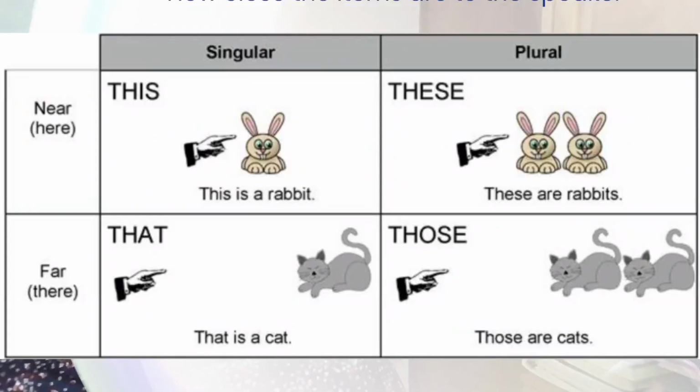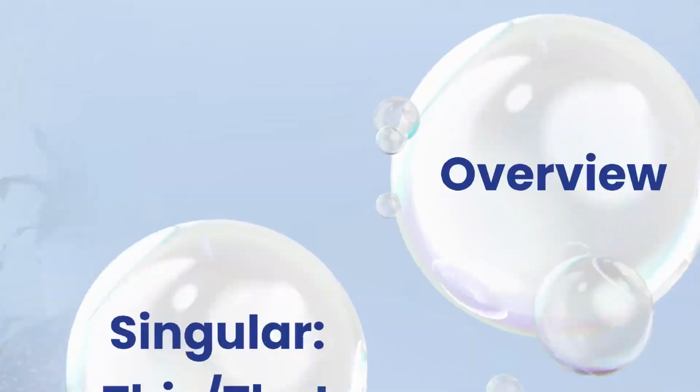Now for the plurals, we use the words these and those. These refer to things that are near us. These are rabbits. Whereas the word those refers to things that are further away. So those are cats.